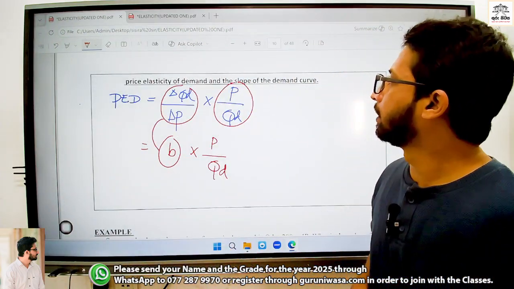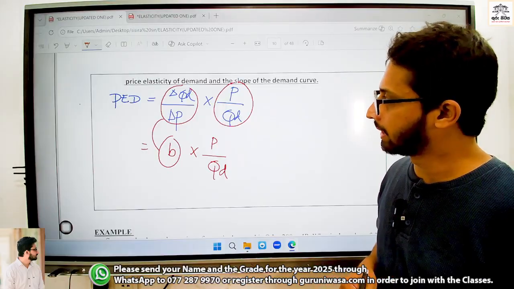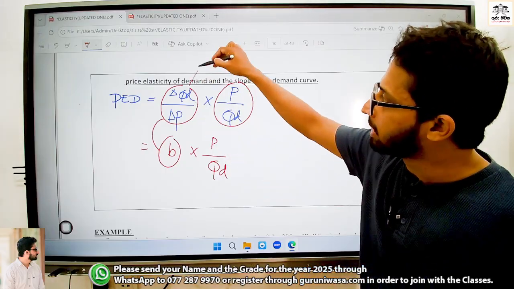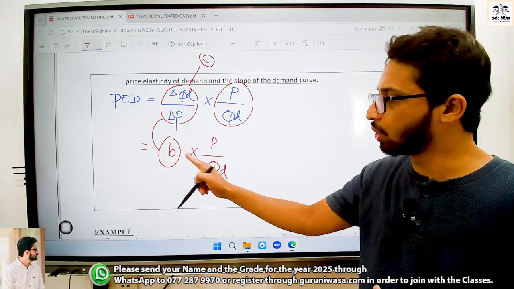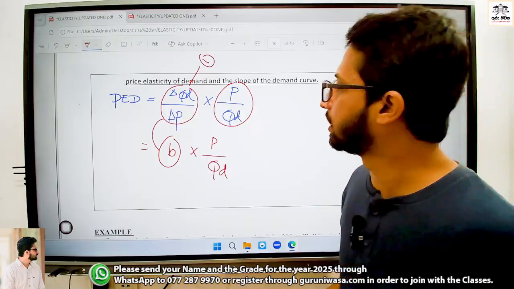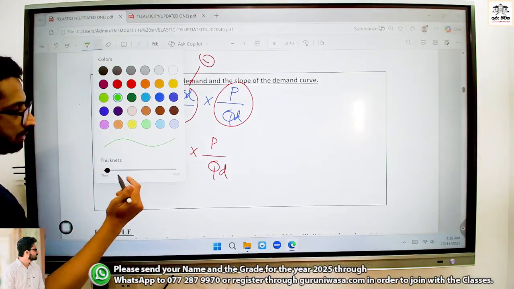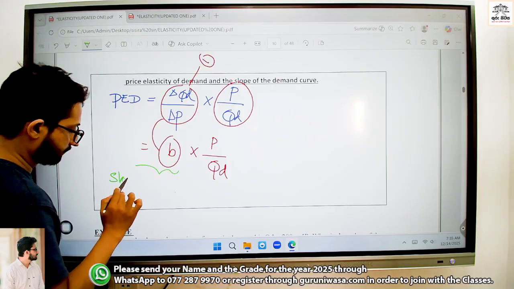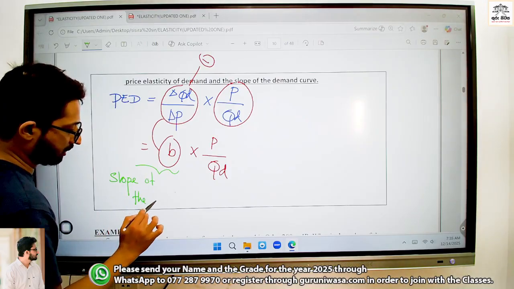Price elasticity of demand and slope of the demand curve. PED equals delta QD over delta P into P over QD. Instead of the delta part of this equation, we can substitute B. B means slope of the demand curve.